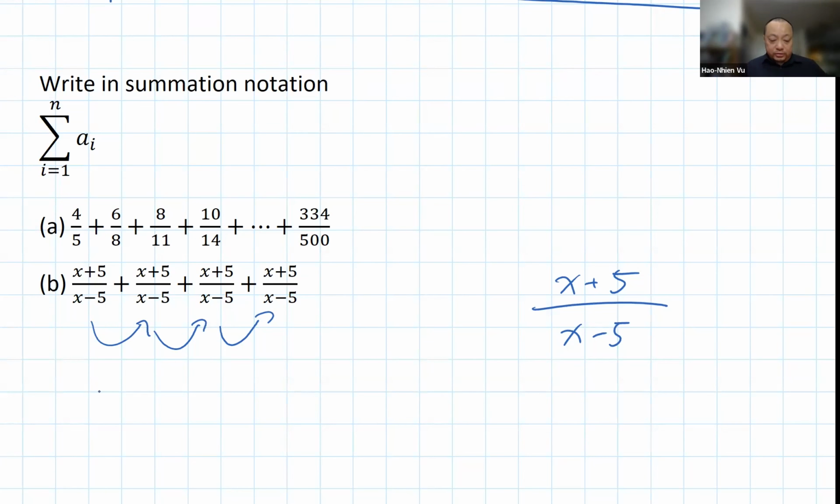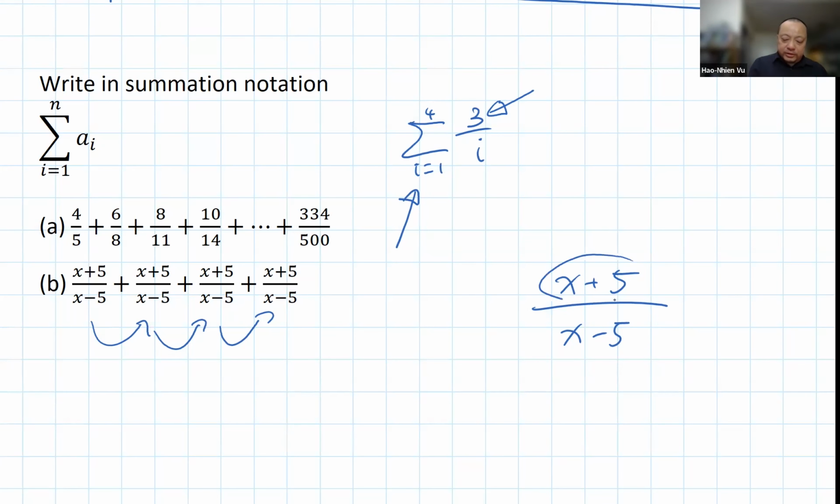Remember the example I started with? I started with the sum of 3 over i. The x plus 5 is like the 3 that doesn't change. So it just goes directly into the formula. It doesn't change with i. It changes with x, but in writing in sigma notation, we're looking for changes with respect to i.